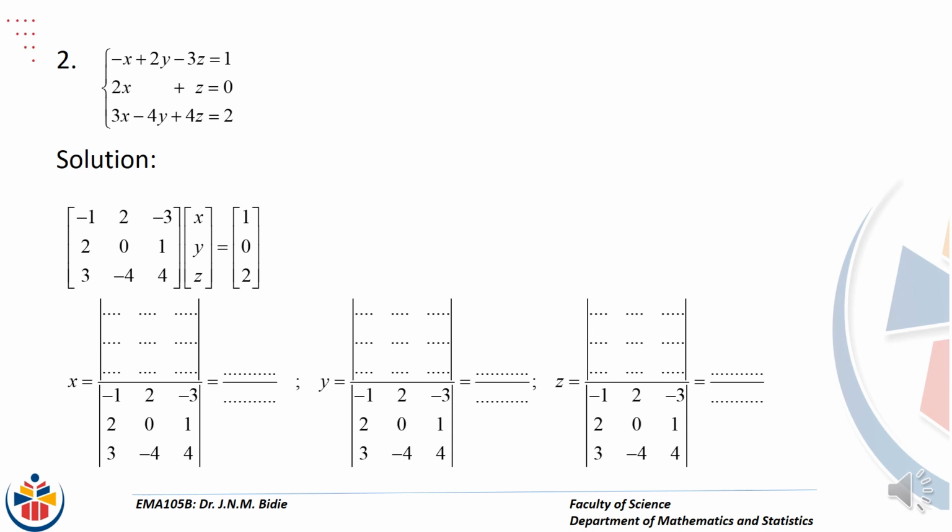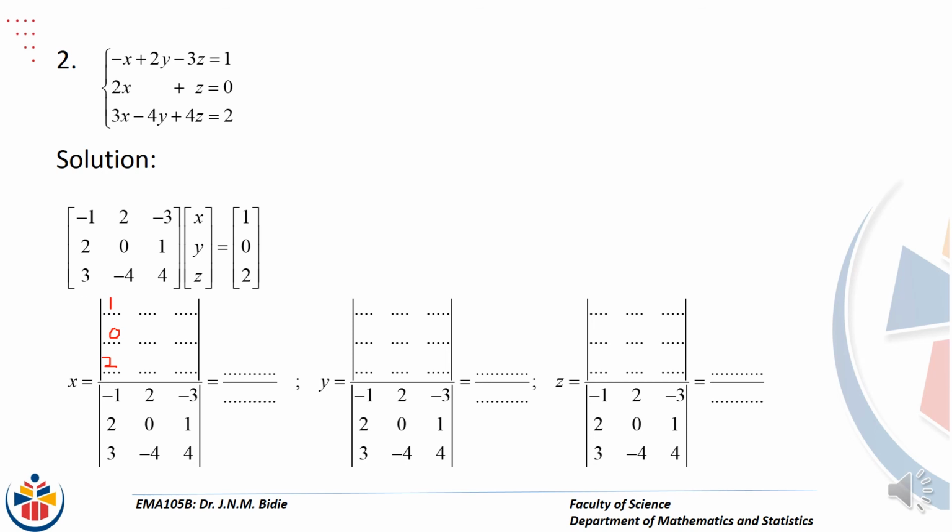So again, first variable, remember the constant matrix goes into the first column. So I have here 1, 0, and 2. Then all the others will go in.